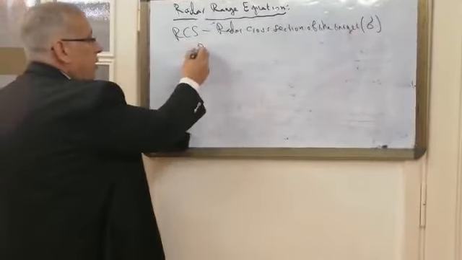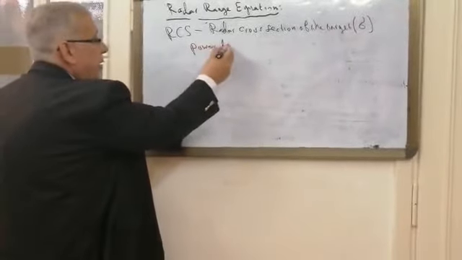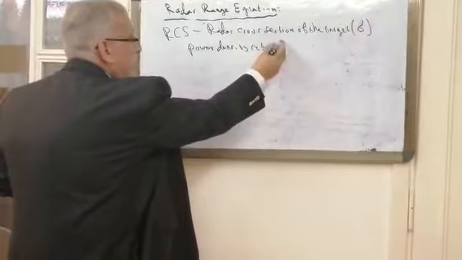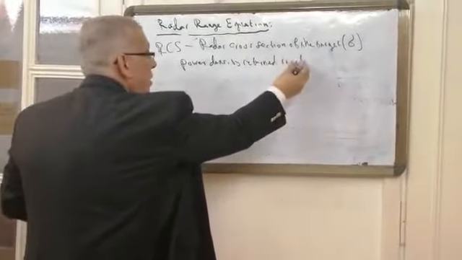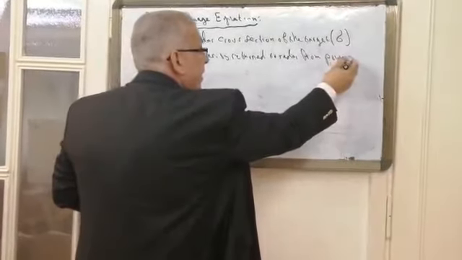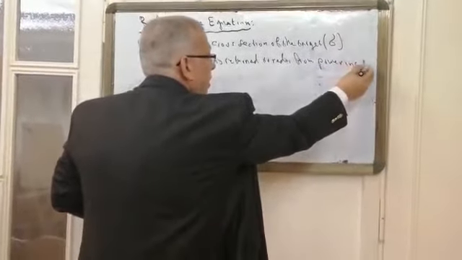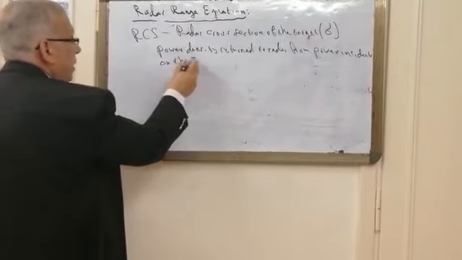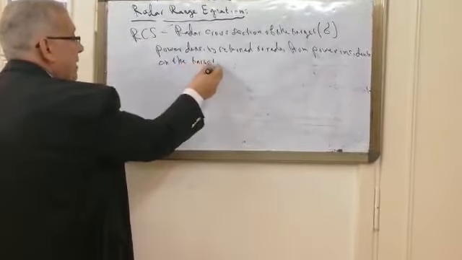The power density returned to radar from power incident on the target is denoted by sigma.